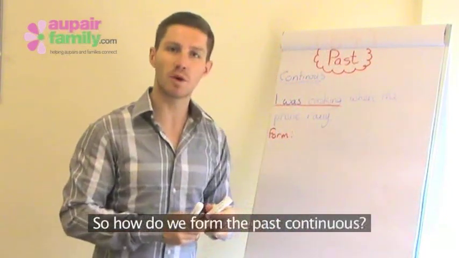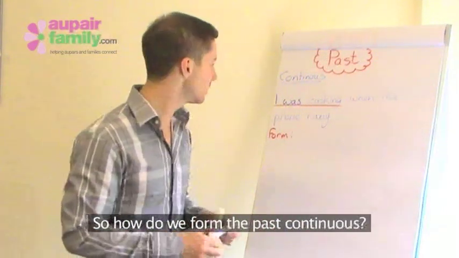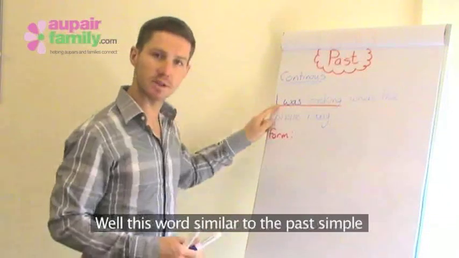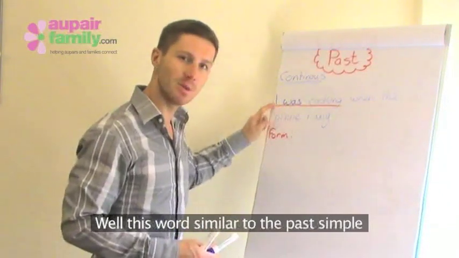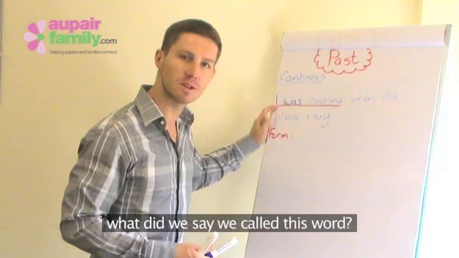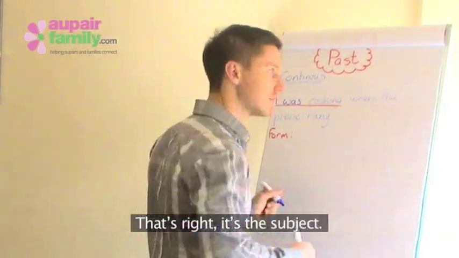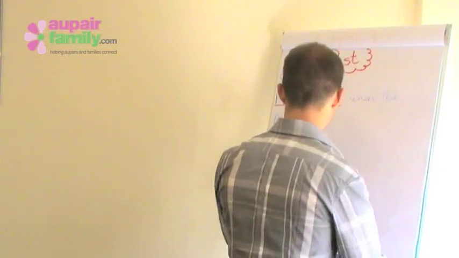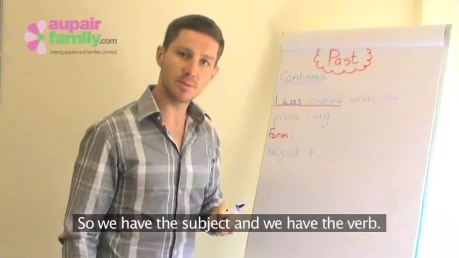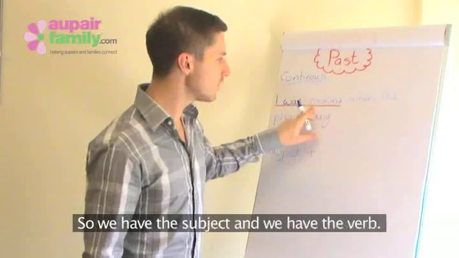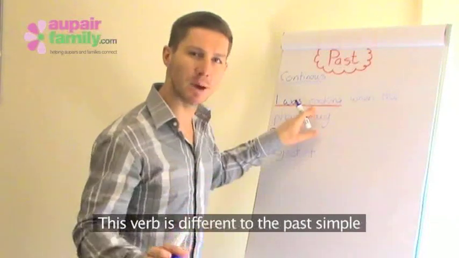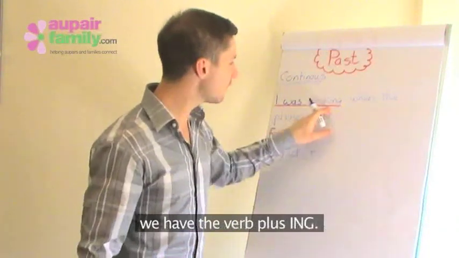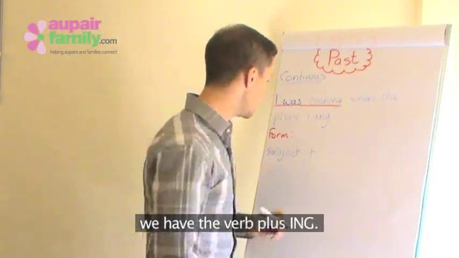So how do we form the past continuous? Well, this word, similar to the past simple, what did we say we called this word? That's right, yeah? It's the subject. So we have the subject and we have the verb, but this verb is different to the past simple. We have the verb plus ing.